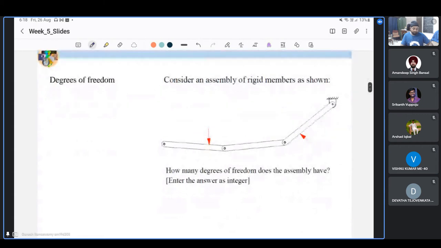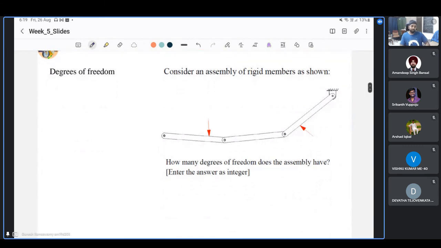Coming to one more concept called the degrees of freedom and how to identify them. In order to identify the total configuration of a system, we need to identify some parameters with which we can define that system.